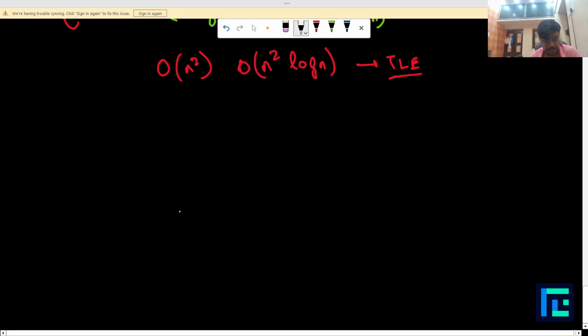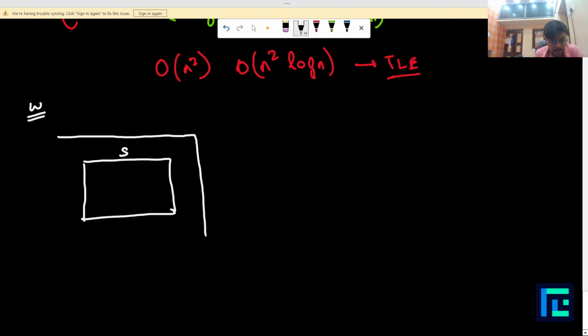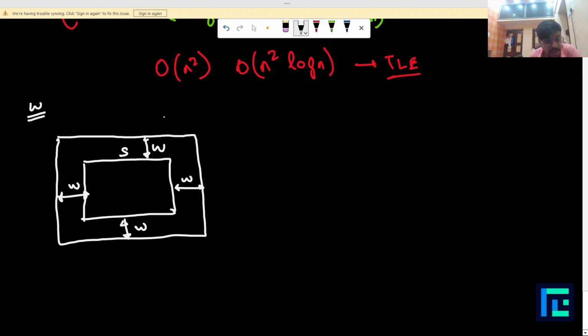What we can do? So we know that for every picture the W is fixed, right? Let's analyze a picture. Let's suppose there is a picture having a side length of S and I am mounting it on a cardboard such that the width produced is W. Isn't it? Now can you tell me what is the area of cardboard I have used in this? First of all, let's see the side lengths of this cardboard. What will be this side length?